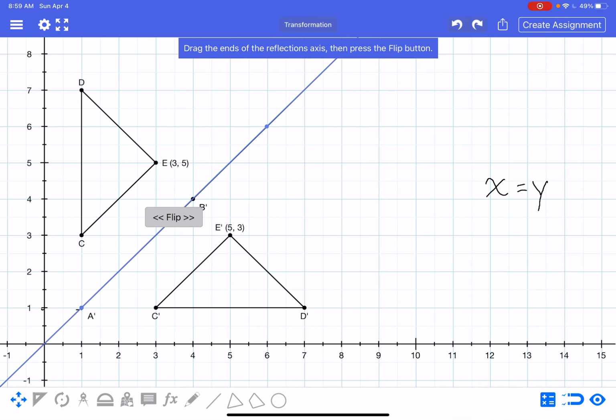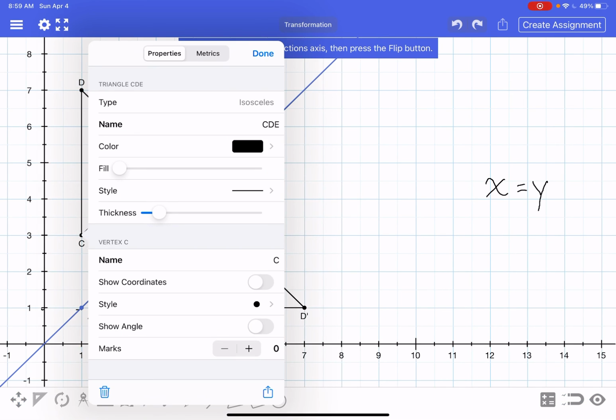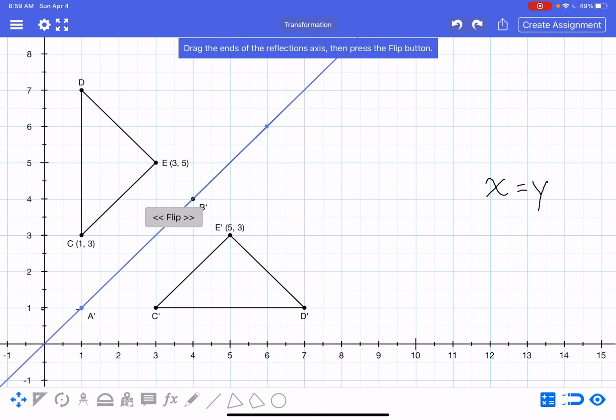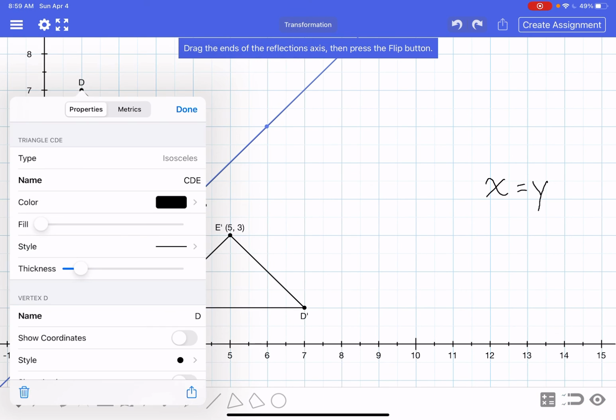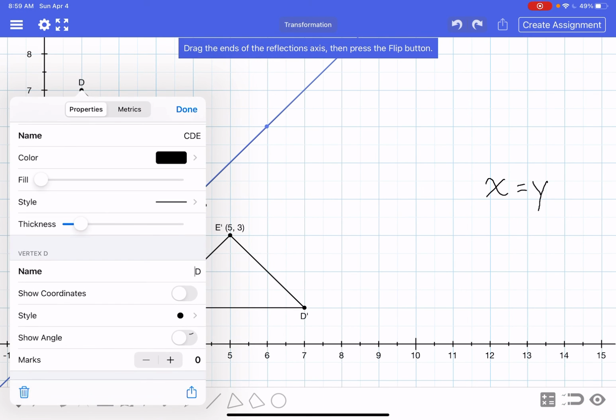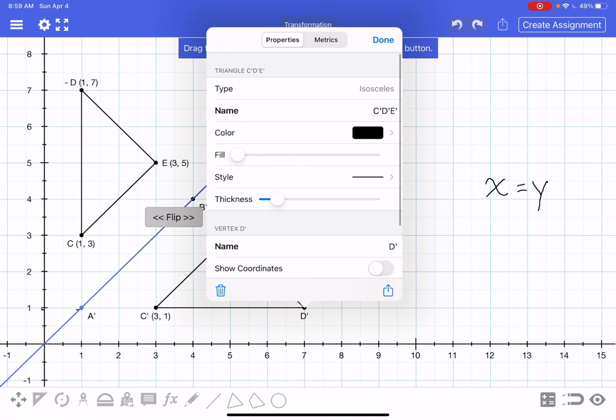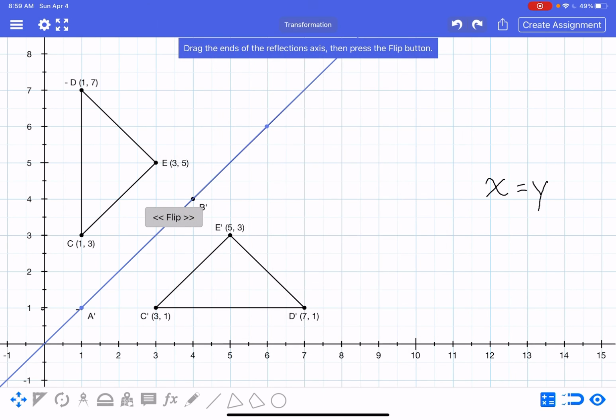Okay, I'm going to do that for all of them so that you can see it. Show coordinates. There we go. And then there's C. And then finally, there.